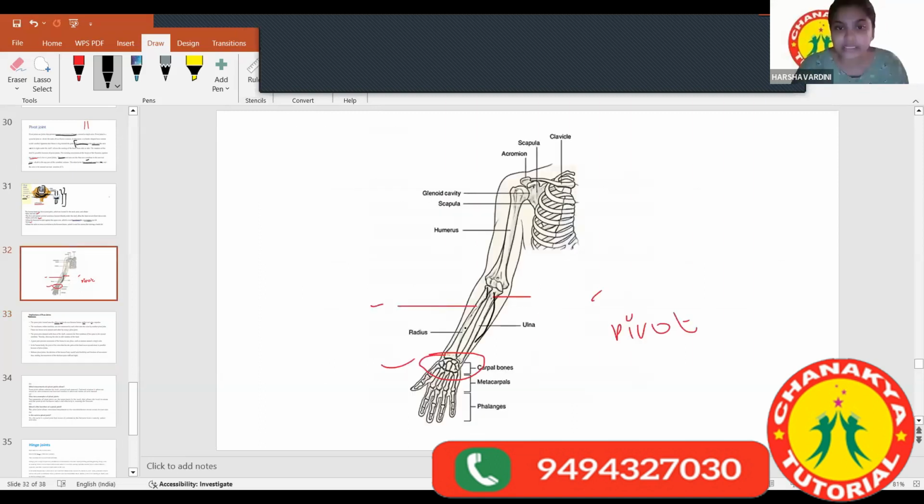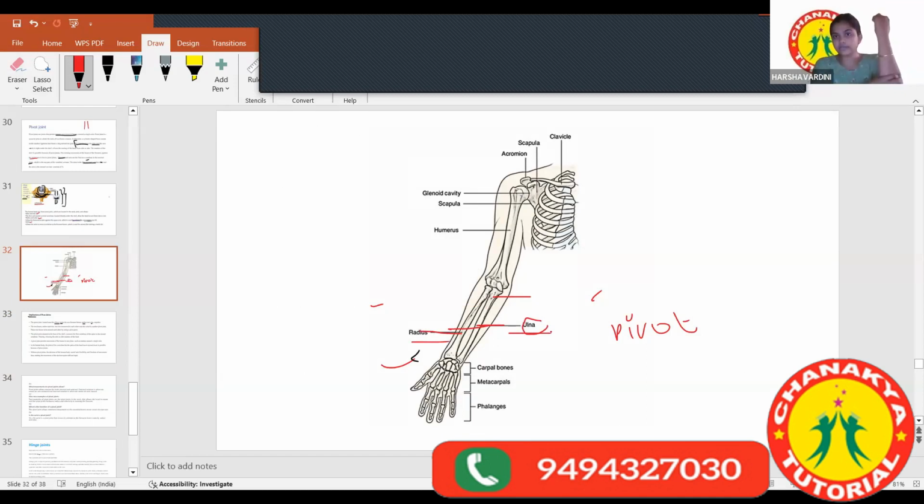This is radius and this is ulna. We are talking about this. I hope this diagram is clear. So they are talking about radius and ulna. This is ulna and this is radius. Now did you get where the radius and ulna are? In the forearm, you have one side radius and one side ulna.